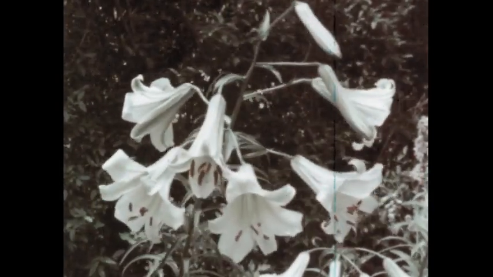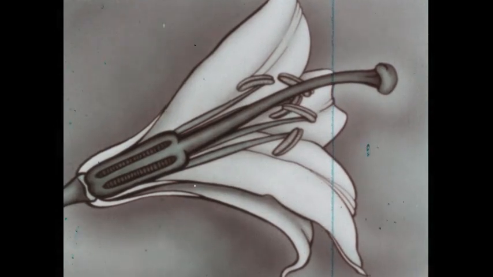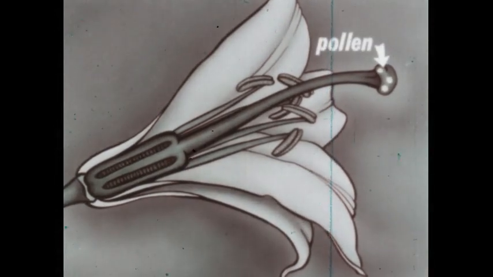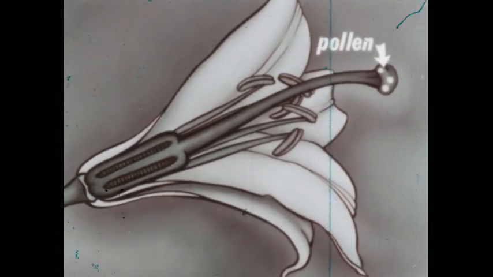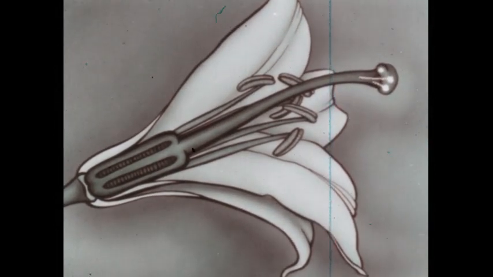The next step in producing a seed occurs inside the pistil. Cutting it open helps us see the inside. We can show what happens in a pistil once pollen has been deposited on the tip. From the pollen grains, tubes grow down the neck of the pistil toward the egg-shaped bodies in the base.